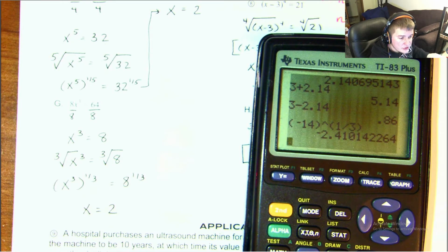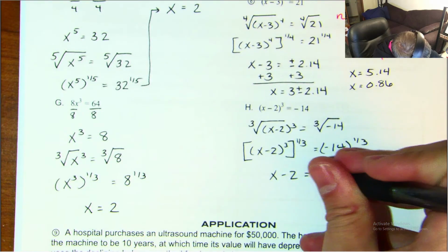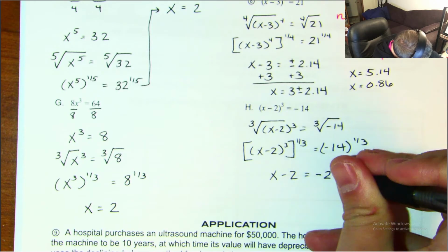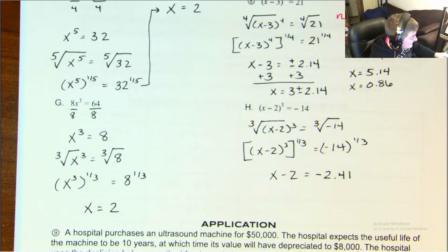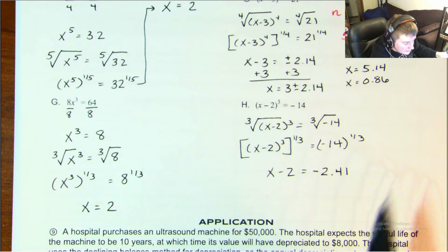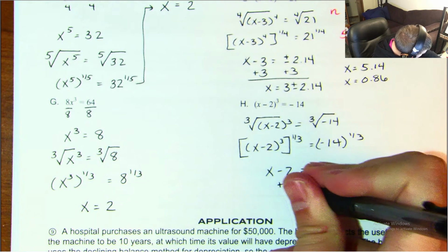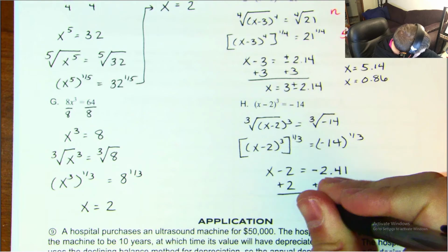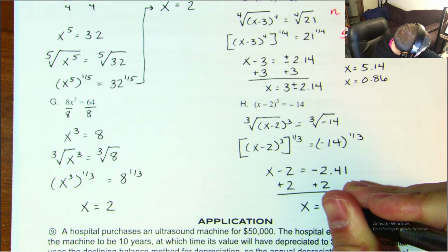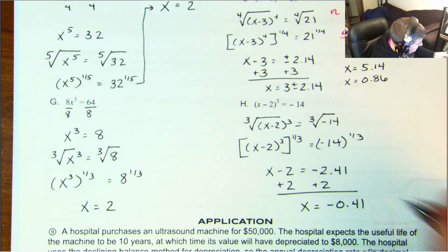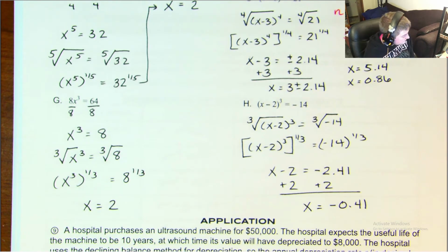That's going to be equal to negative 2.41. It doesn't simplify, so we can go ahead and get negative 2.41. It's not plus or minus again because I'm taking it to an odd root. Lastly, I can just add 2 to each side to get x is equal to negative 0.41. Okay, just one answer.